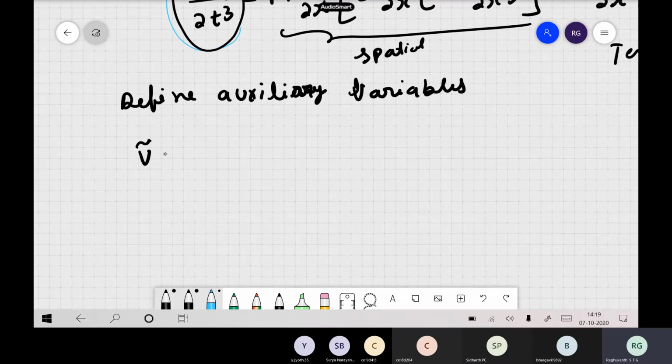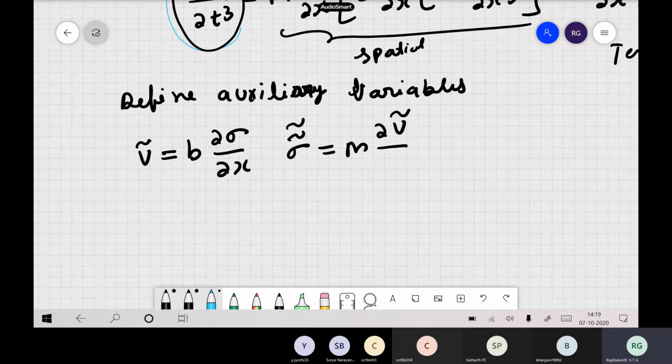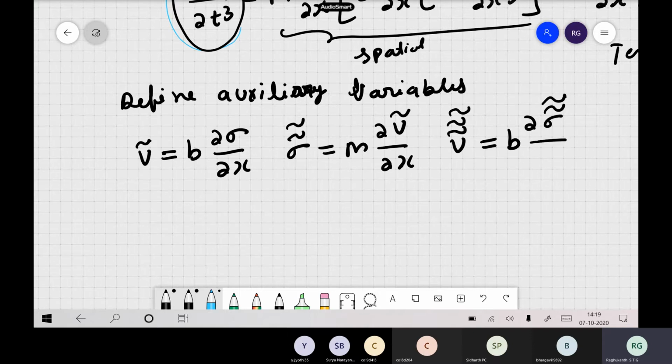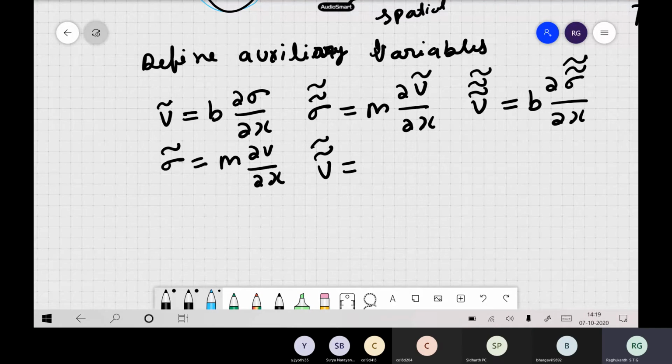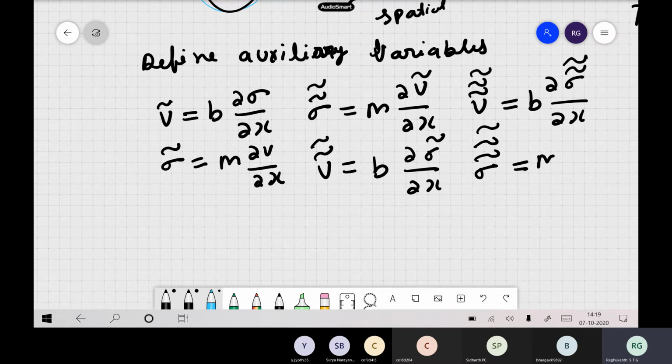So v hat is b ∂σ/∂x, then σ double tilde is m ∂v/∂x, and so on for v triple tilde. And if you define σ single tilde, this is m ∂v/∂x, and then b ∂σ hat/∂x, and then σ triple tilde is m times ∂v/∂x in the same way.